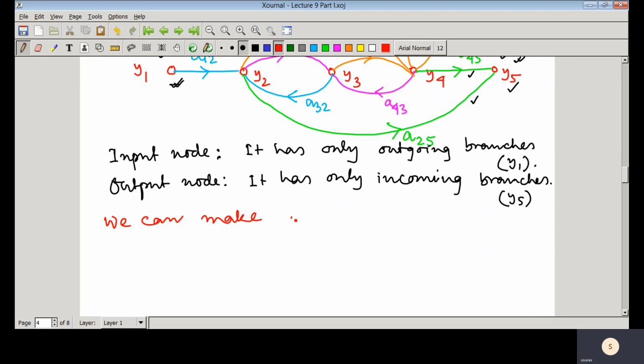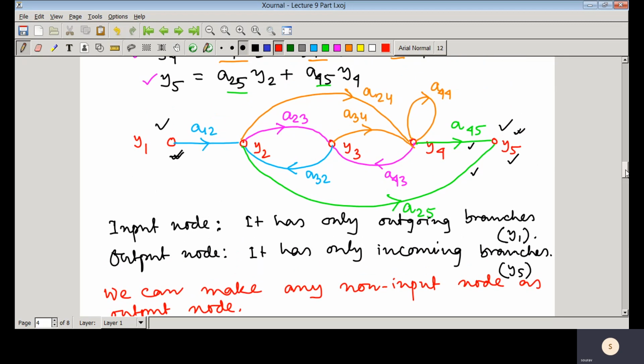We can make any non-input node as output node. So if you see this particular signal flow graph, here you can see that this is the input node and this is the output node.